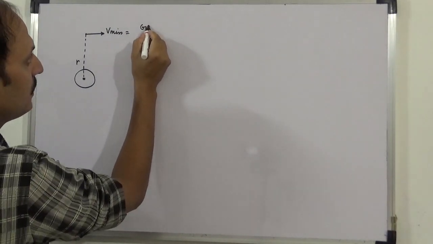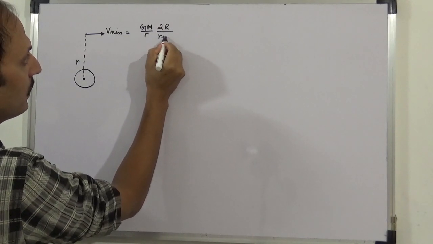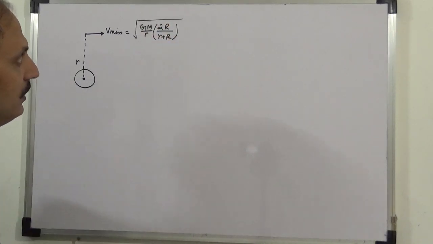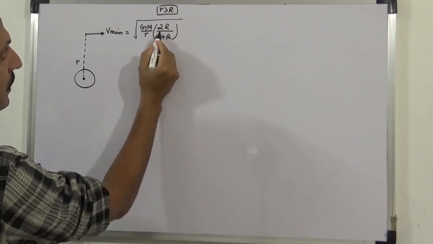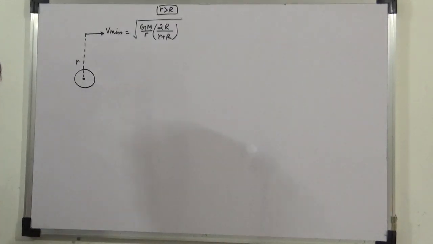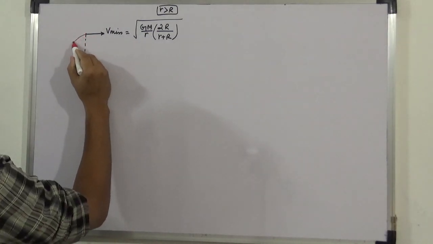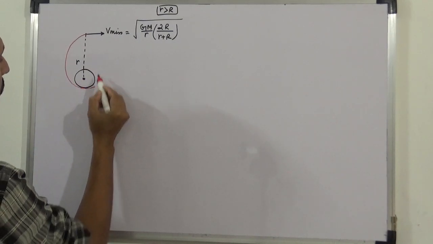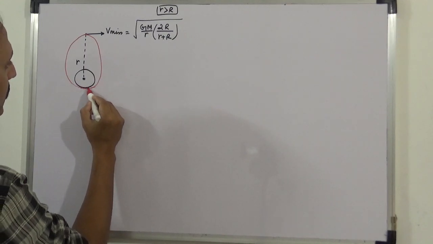If you just remember, the square root of GM by R into R by R plus R. This R is greater than R. So if you remember, this value is less than V orbiting. So in this case, what we have seen, if V is minimum, then it is going to execute an elliptical path around this, and we have proved this elliptical path.